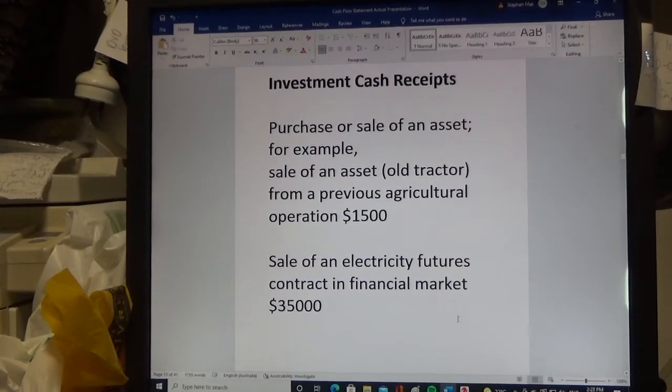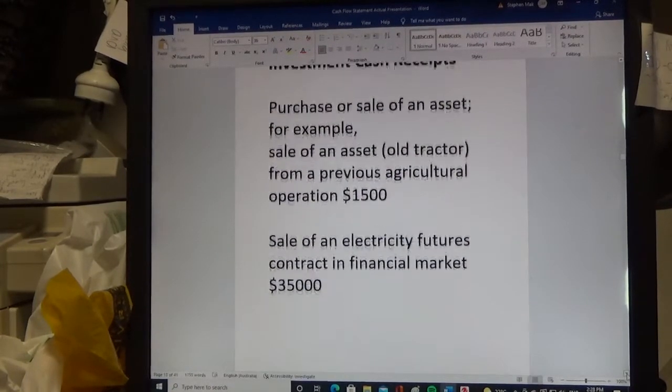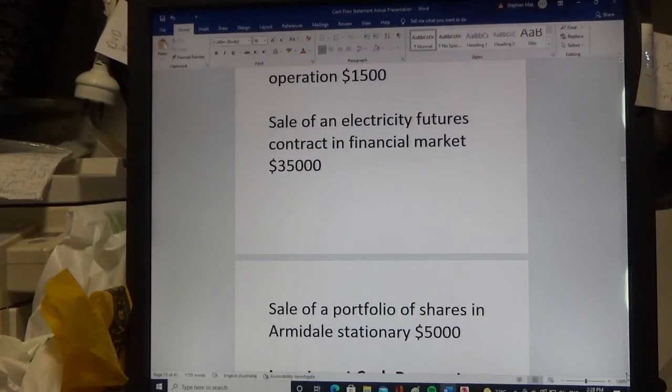So in this example, if it was a purchase, it'd go below, but if it's a sale of an old asset, like an old tractor, it's a positive cash flow movement, and they managed to get $1,500 for the old tractor from a buyer from a previous agricultural operation. They got out of agriculture and got into solar panels.